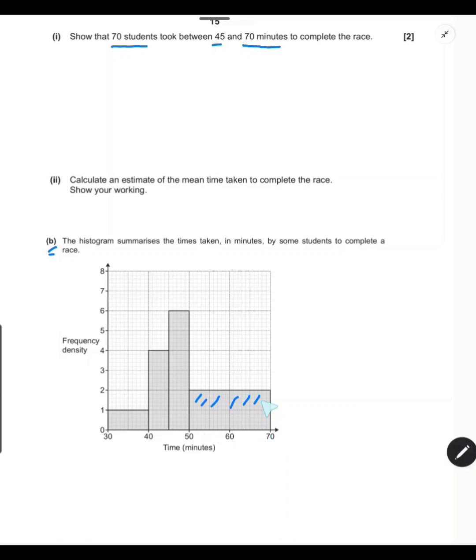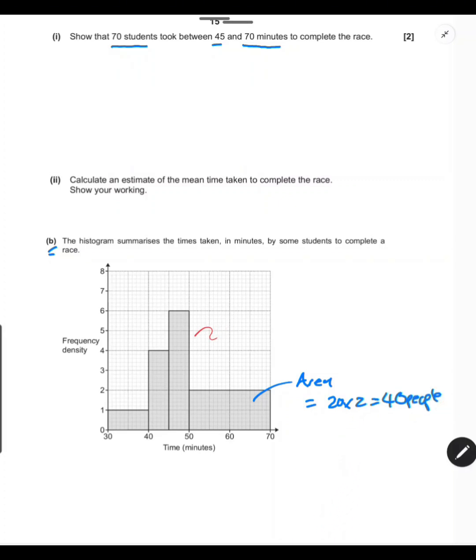So for example, in this bar here, if I work out the area of that bar, it will tell me how many people in this zone. So the area of that is, well, it's 20 wide multiplied by 2 high. That is 40 people.